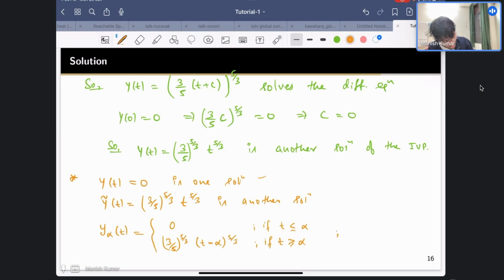You can check that this is a differentiable function and it satisfies the differential equation. So for all alpha greater than 0, you have infinitely many solutions. So the IVP has infinitely many solutions.